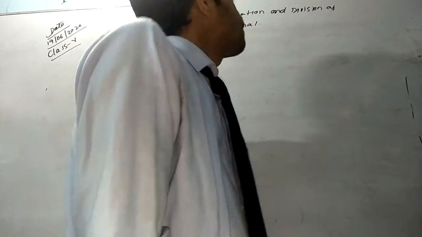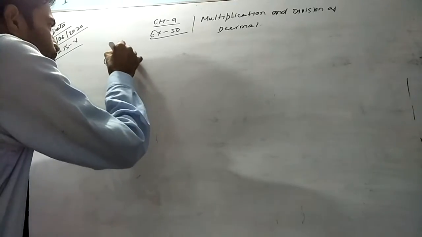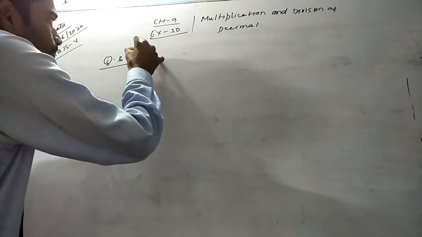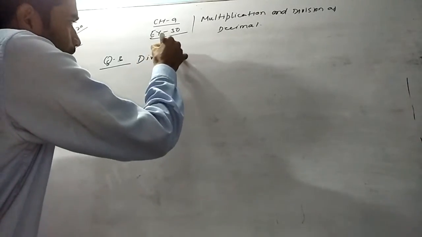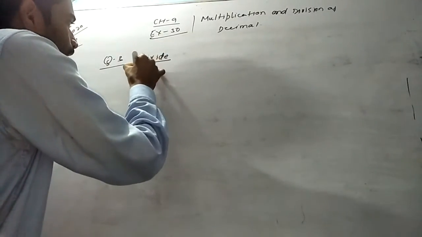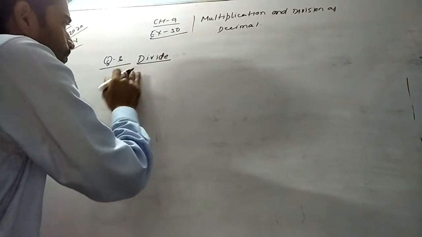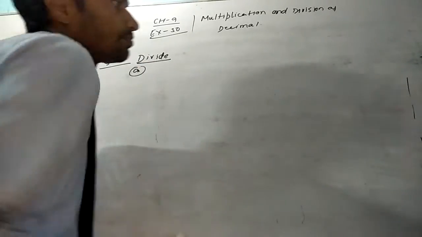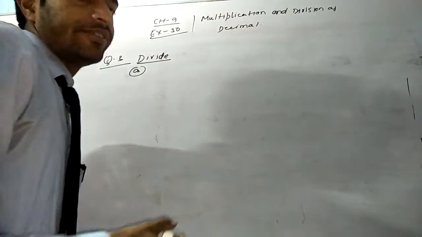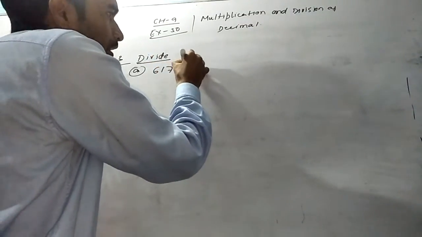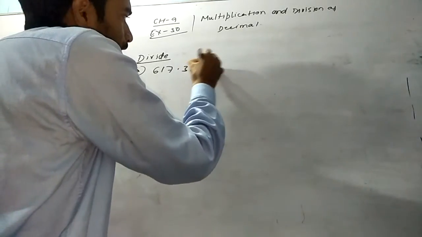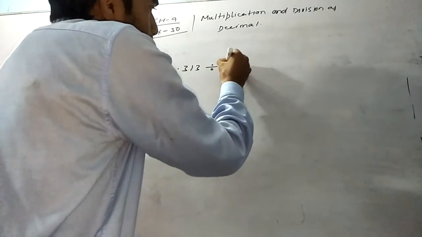So, let's start. Question number 3. Divide: A, 617.313 divided by 15.